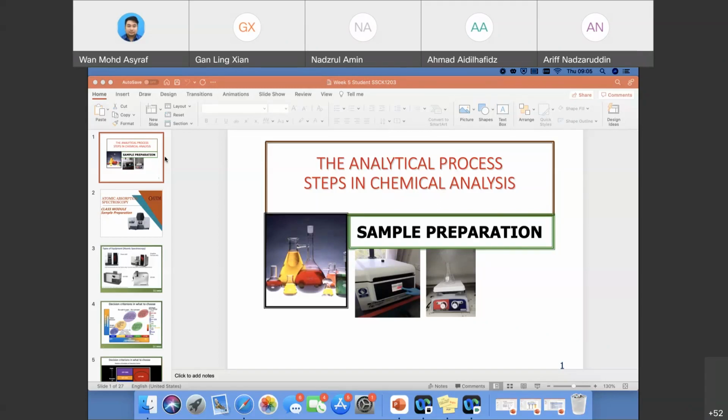You have two or three chromatographic instruments. So for this chapter, chapter 5, we are going to look at how to prepare the samples for inorganic analytes.